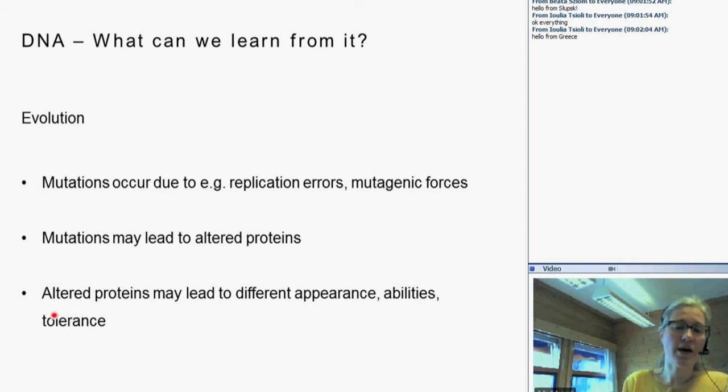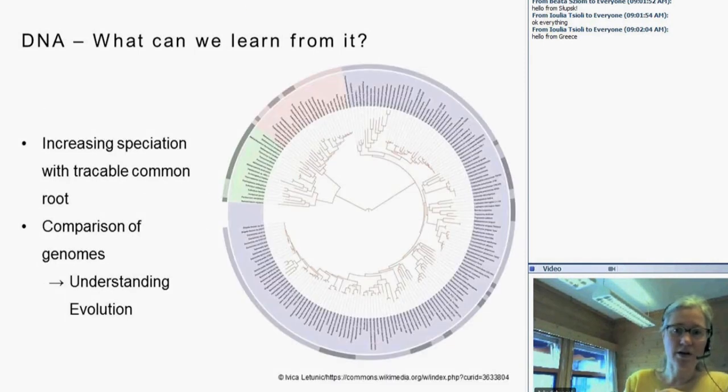And tolerance, maybe, for example, changes in the DNA lead to DNA that can be better repaired. So we have a higher tolerance for UV light, for example. And all this leads to increasing speciation.